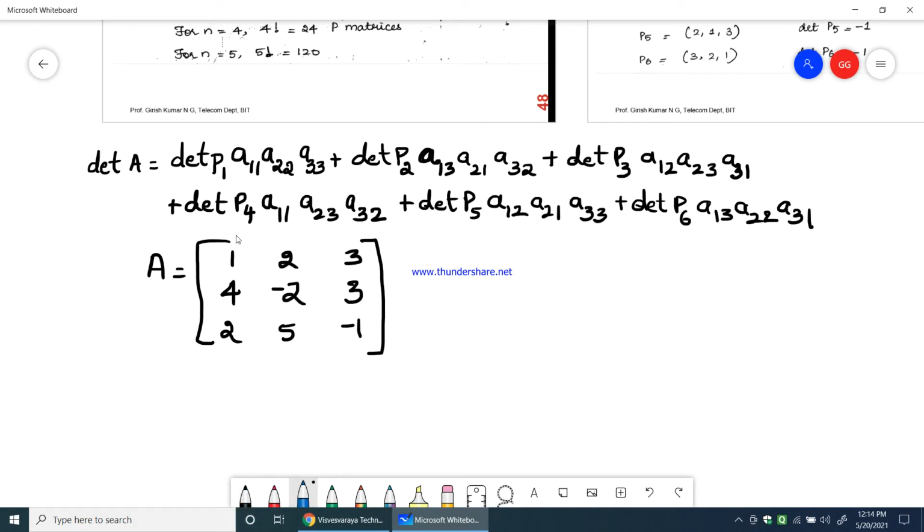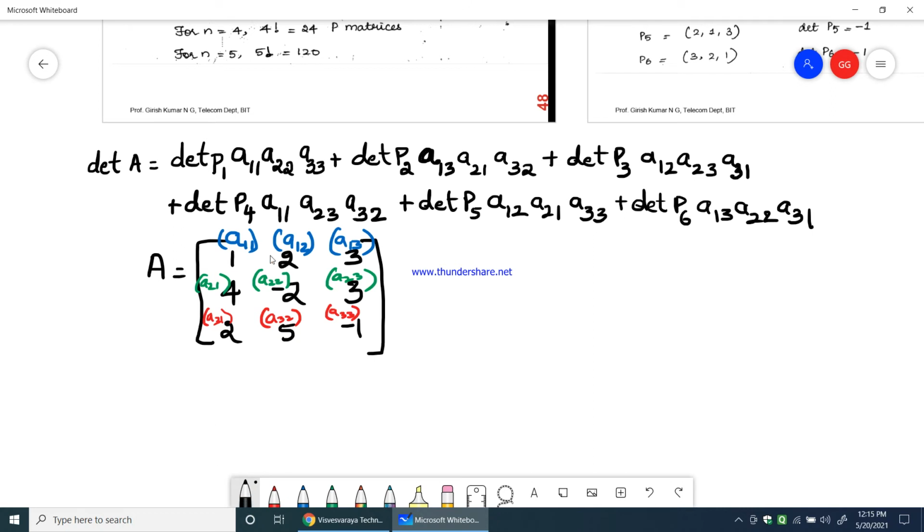Okay, so this position of 1 is A11, A12 and this is A13. Similarly, this is A21, A22, A23. Similarly, this is A31, 32 and 33.